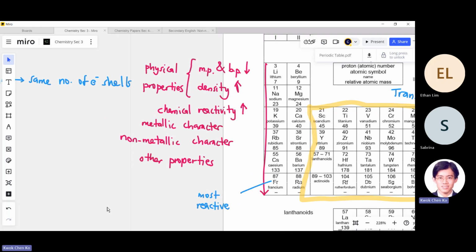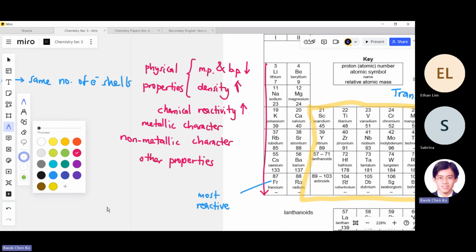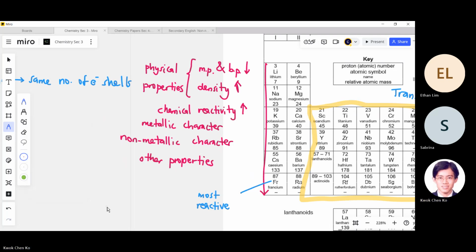But before we answer that, Sabrina, what is meant by metallic character? How do you define metallic character? Sabrina? I don't know. Oh, you didn't write down last week. Dylan, how do you define metallic character? What makes something metal?